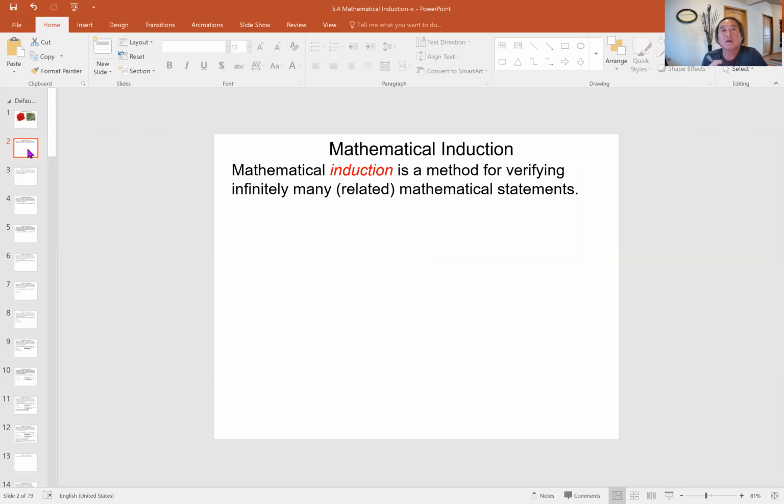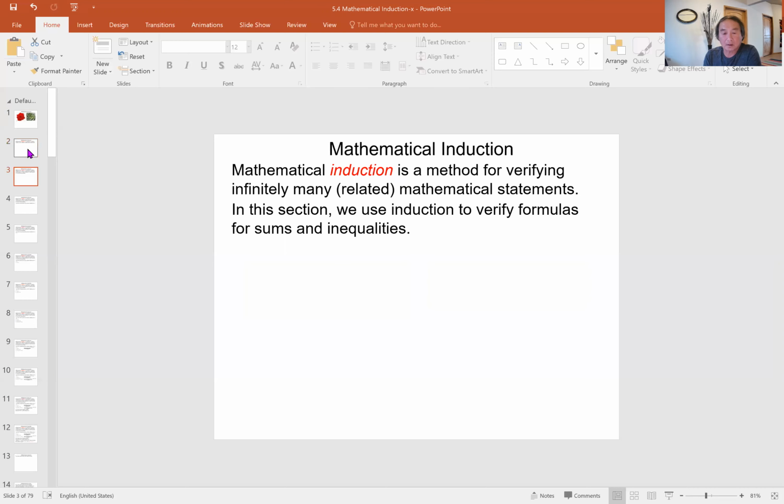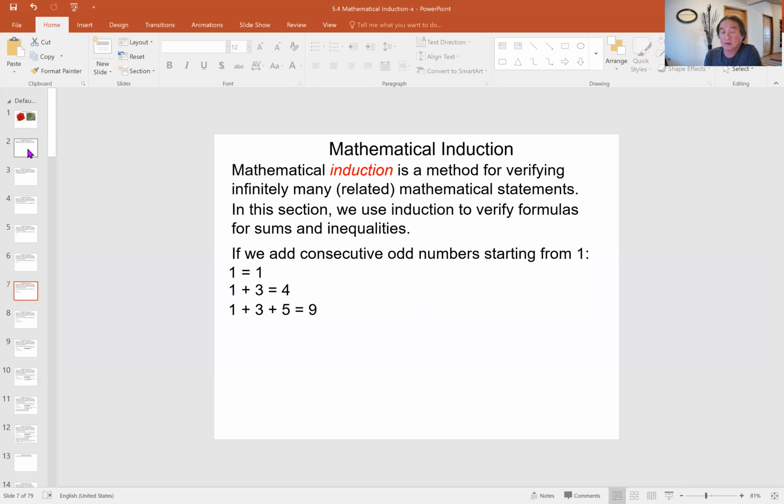Mathematical induction is a method to verify infinitely many statements. A lot of times these are formulas. I'll give you an analogy to the patterns of the rows. Suppose I look at patterns of the following things. I start playing around with odd numbers: 1 equals 1, and adding the first two odd numbers, I get 4, which is 2 squared.